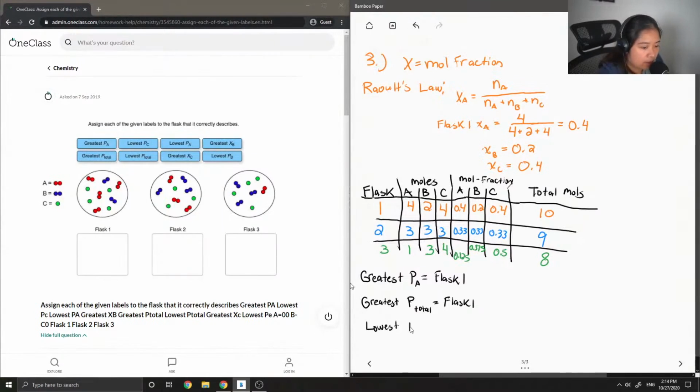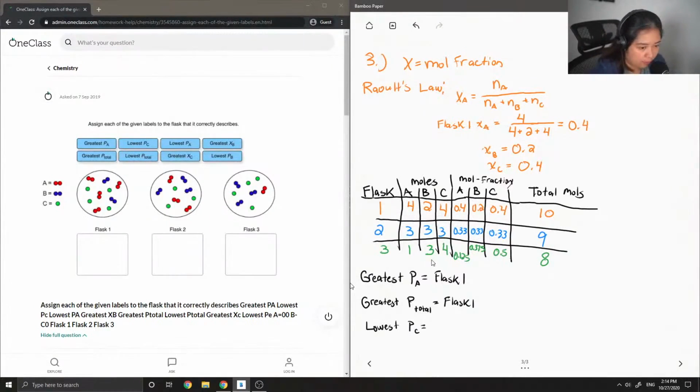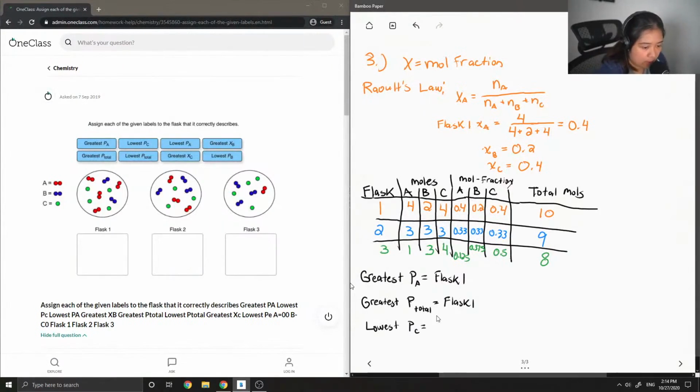Lowest amount of the C. So let's look at all of them, and you'll see that it is flask 2. Lowest P total is flask 3.